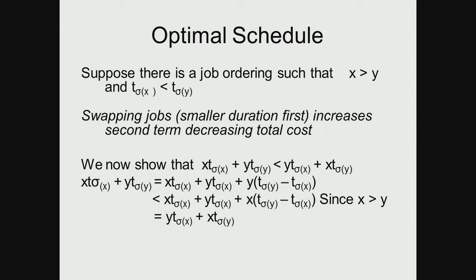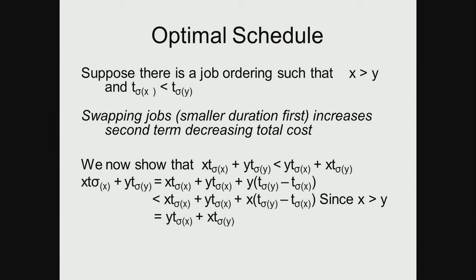We have written down an expression: x times T of sigma of x plus y times T of sigma of y. This is the contribution to the second term by these two jobs, and when we exchange the positions of these two jobs, the contribution just becomes y times T of sigma of x plus x times T of sigma of y.